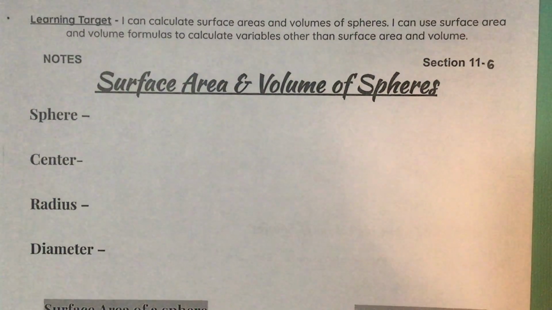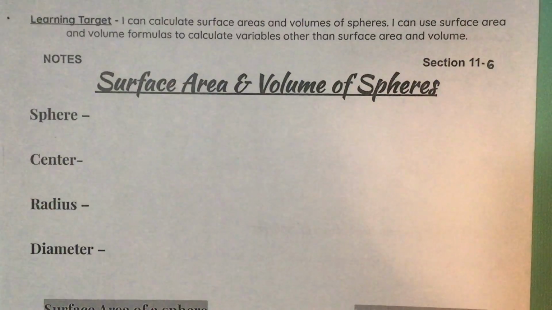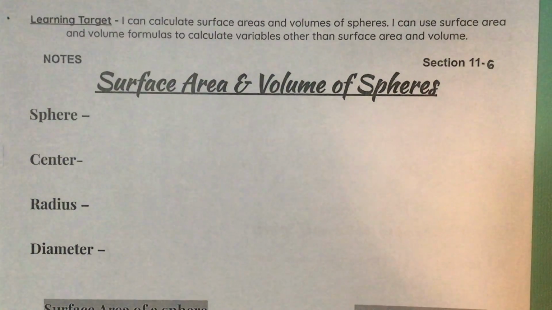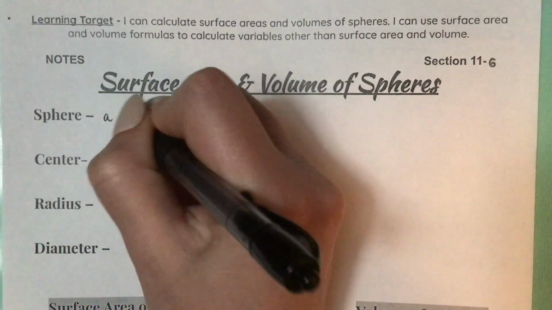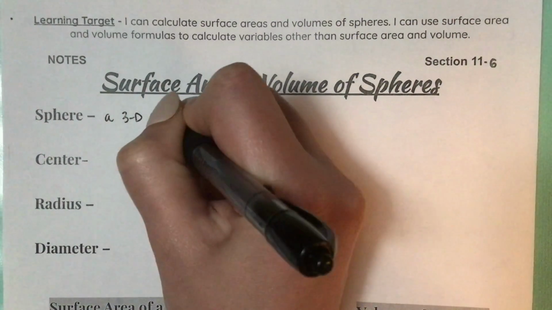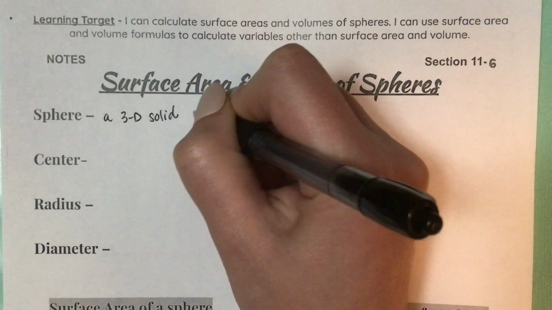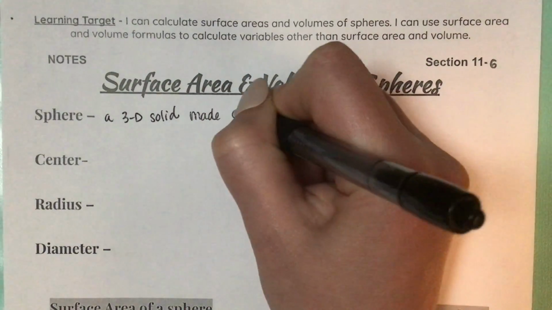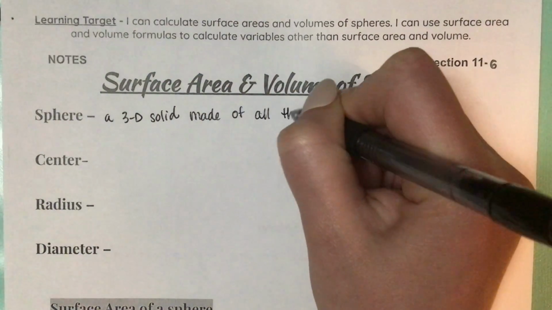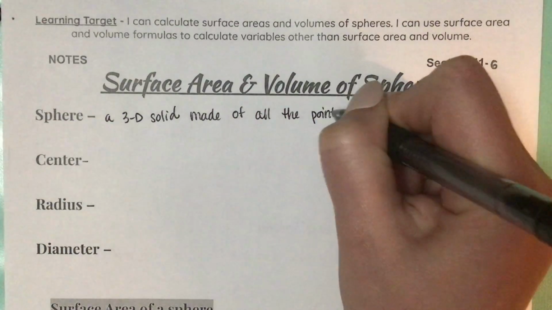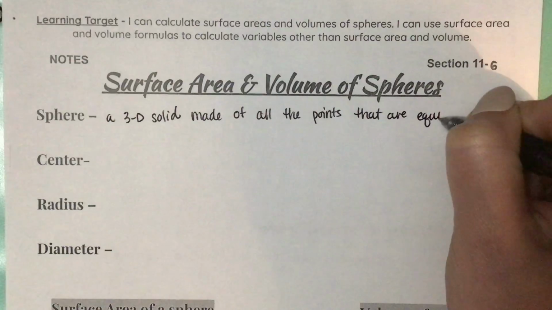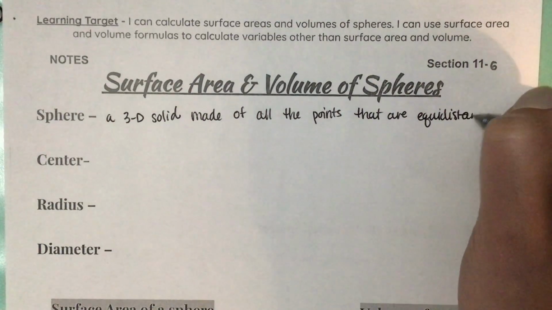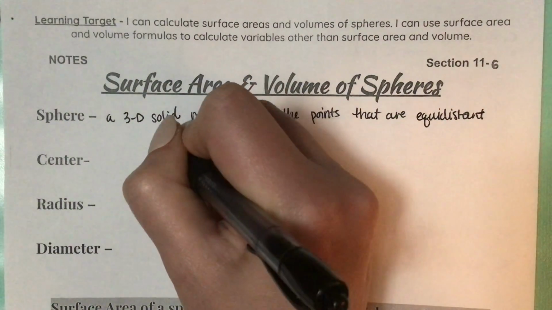First of all, let's talk a little bit about some vocabulary. What is a sphere? I'm sure that you could describe what it looks like, but in a little bit more technical terms, it is a 3D solid made of all the points that are equidistant from one single point.